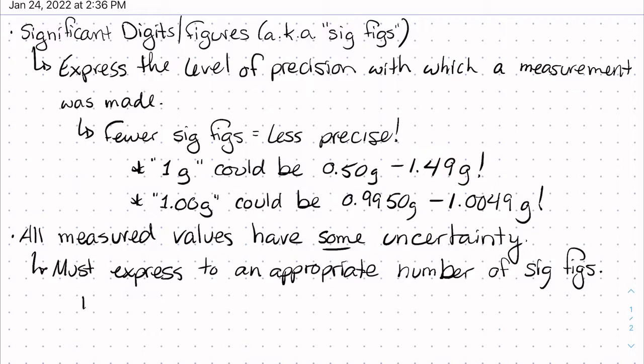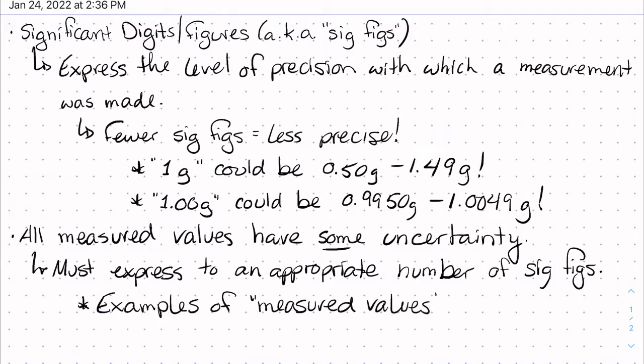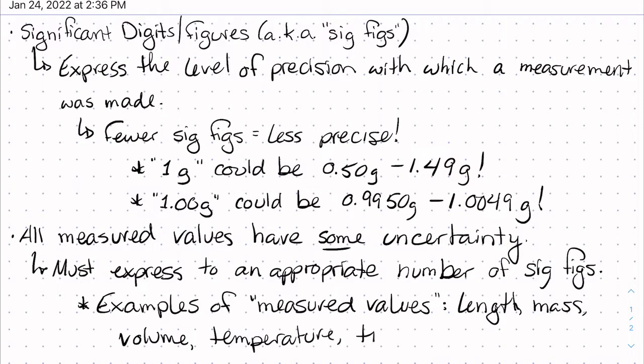Examples of measured values are all the things you would think of typically: length, mass, volume, temperature, time. The list goes on, but those are some common and familiar ones.